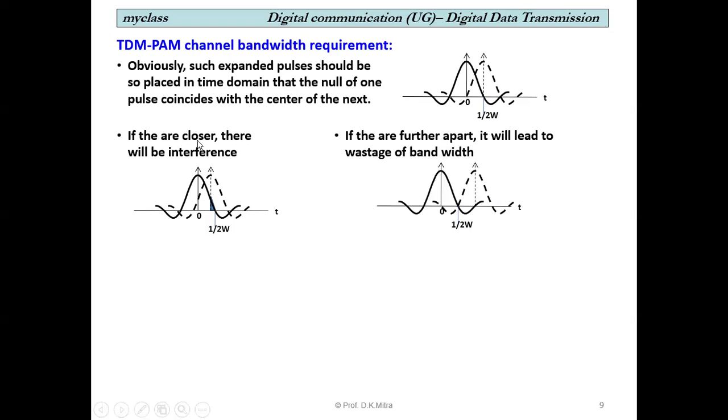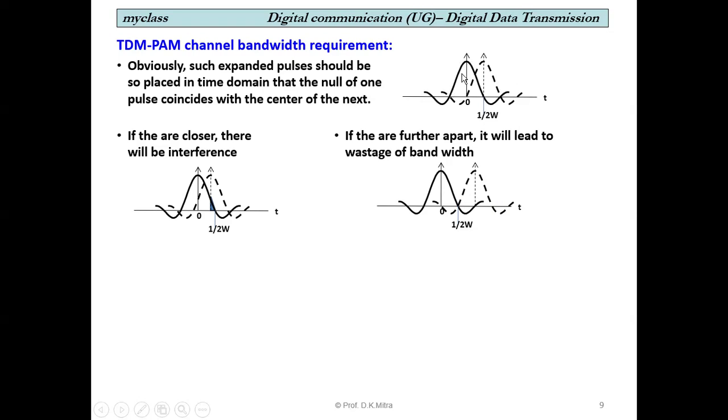And if you make it further away, suppose the peak of the second pulse falls on the second null of the first pulse, then you are only wasting bandwidth. And bandwidth is very, very costly nowadays. Crores of rupees are the cost of each megahertz of bandwidth. So we have to adapt to this situation.